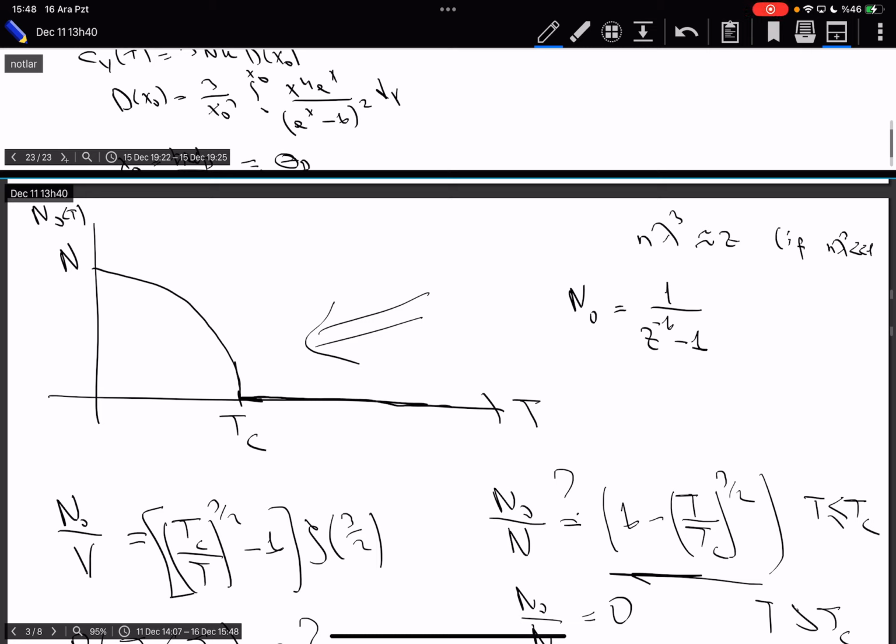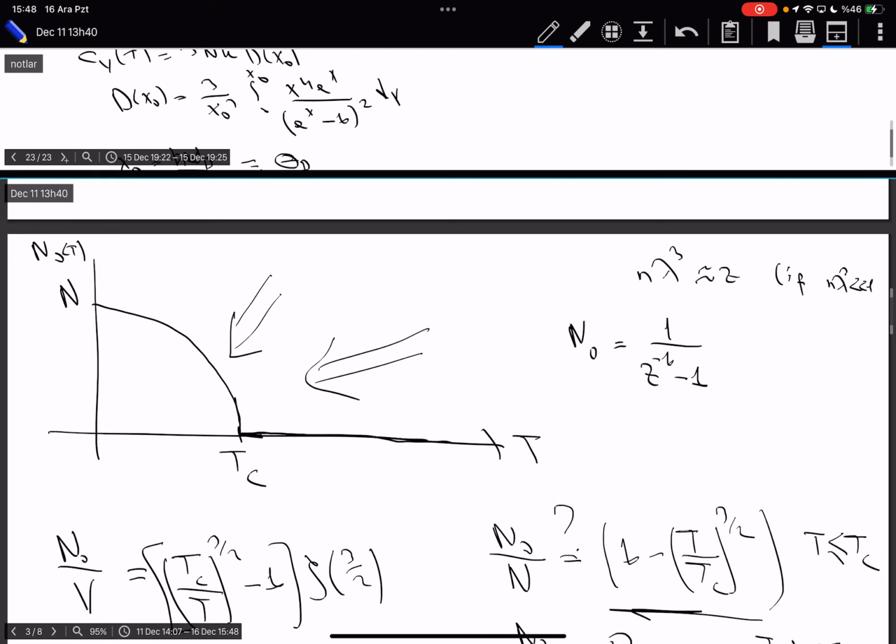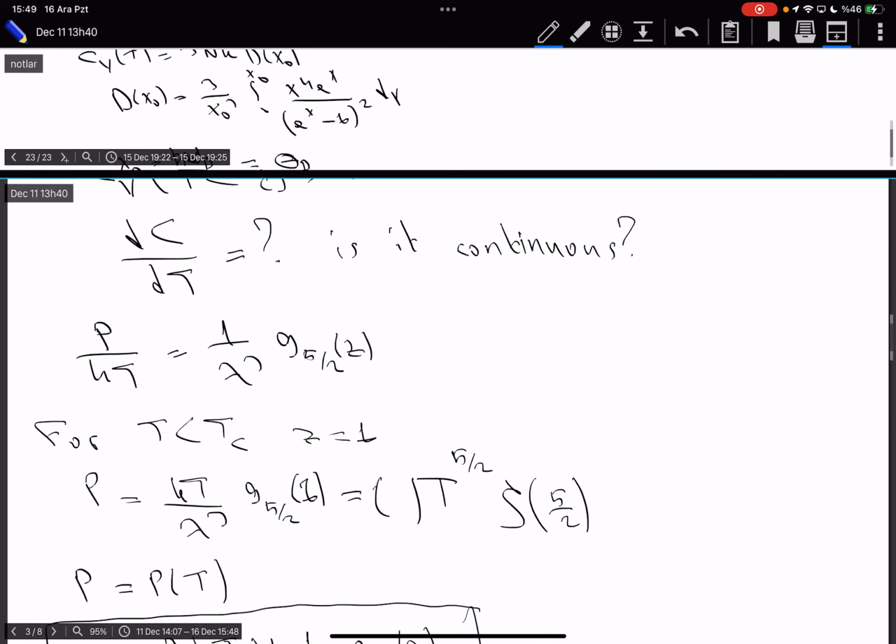But when z becomes close to 1, that is when the chemical potential is close to 0, this number diverges, essentially, and it can become of the order of N. And this is how N0 changes as a function of temperature. At T equal to T critical, it just starts getting non-zero values. At T equal to 0, it is equal to N. So this is what we call Bose-Einstein condensation.